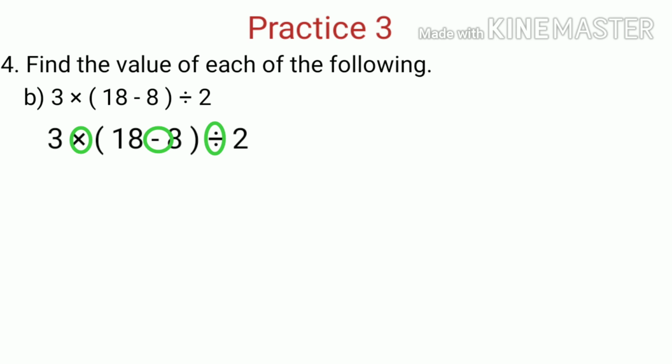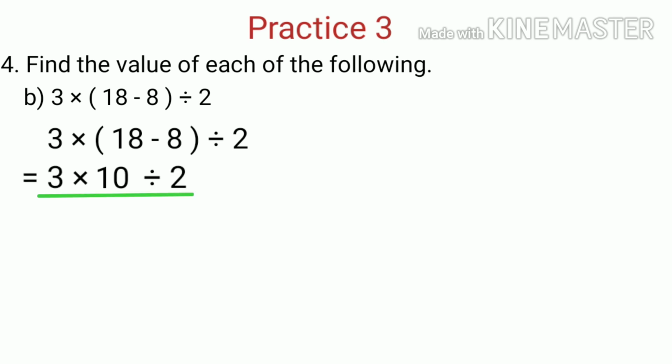But the operation subtraction is inside the brackets. And since we have to first carry out the operation inside the brackets, so we will first subtract 8 from 18. When we subtract 8 from 18, we get 10. And the brackets get removed when we get the answer of 18 minus 8. So the expression becomes 3 into 10 divided by 2.